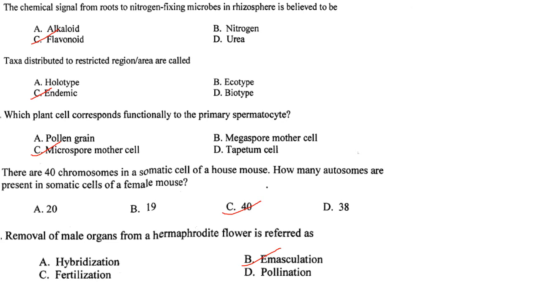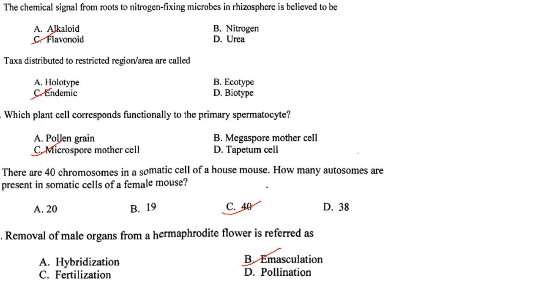Then what is holotype? Holotype is a single physical example of an organism known to have been used when the species was formally described. What is ecotype? A distinct form or race of a plant or animal species occupying a particular habitat. And biotype is a group of organisms having an identical genetic constitution.